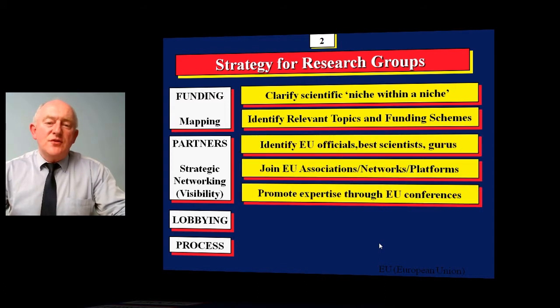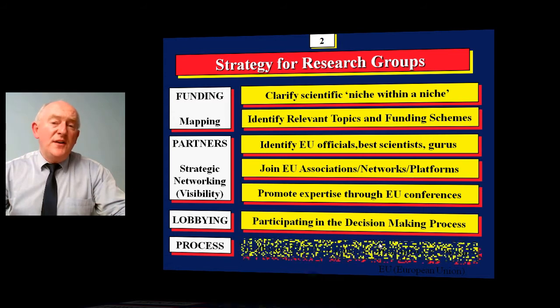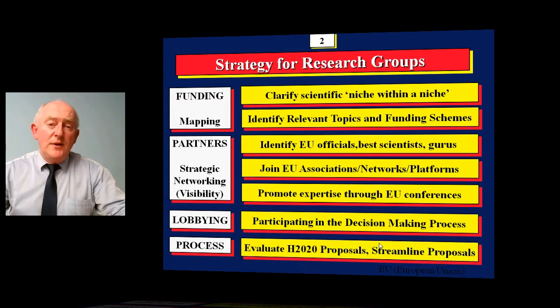The next exercise is to identify the people who won the projects, who are the advisors to the projects, which European associations you can find these researchers in, and which conferences you should present at on a European level. We're then going to briefly look at the lobbying process. Who are the advisors to the programs in your particular areas? And finally, you're going to sign up to become an evaluator for Horizon 2020.